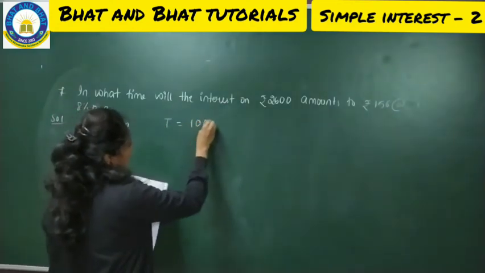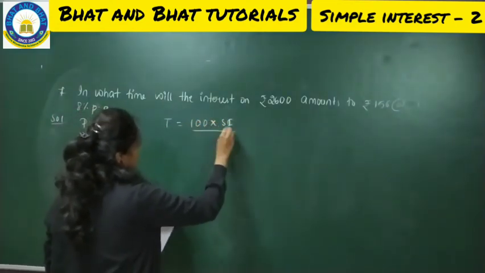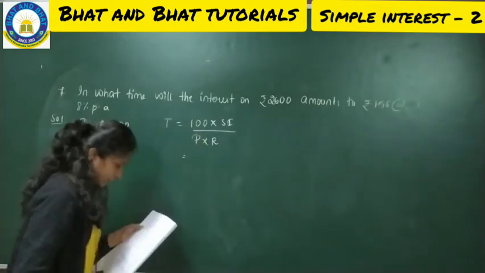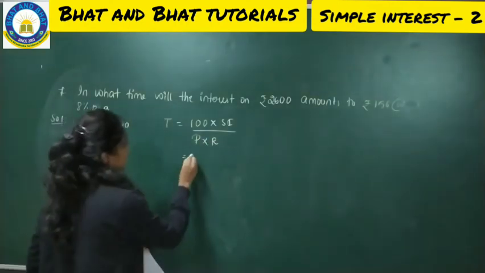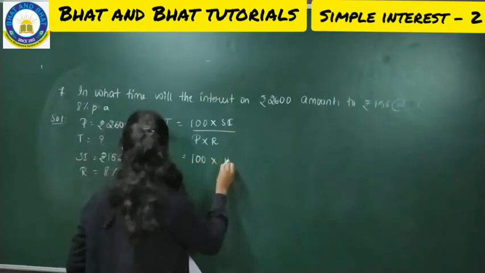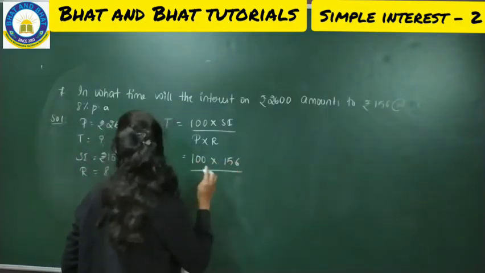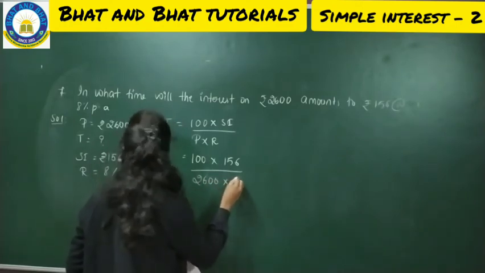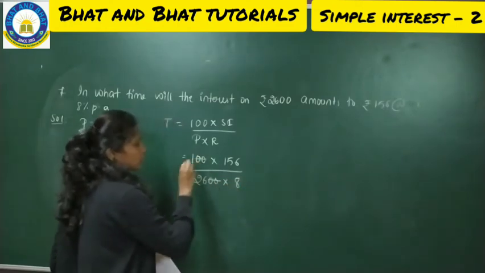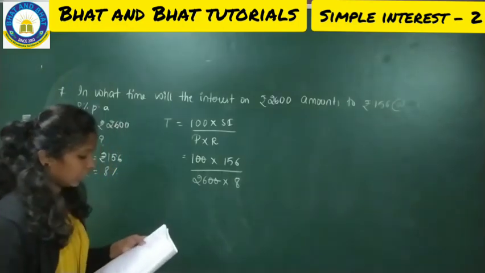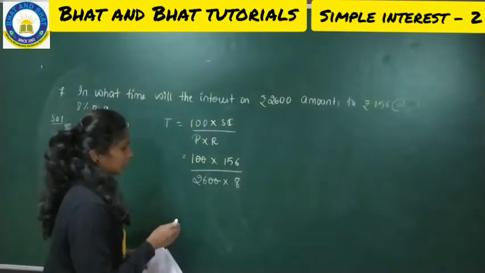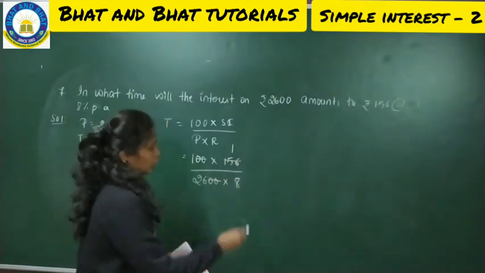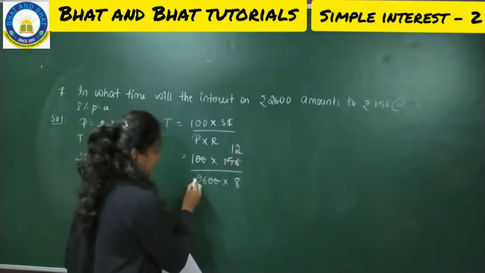T is equal to 100 into simple interest divided by P into R. And now 100 as it is, simple interest 156, the P that is principal 2,600 into R that is 8. 20 will get cancelled, and now I'll go with 13. 13 ones are 13, 13 twos are 26.